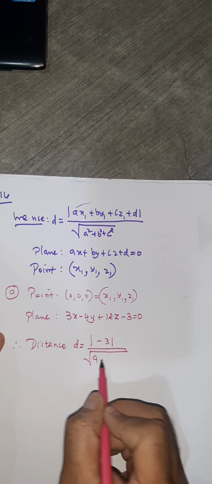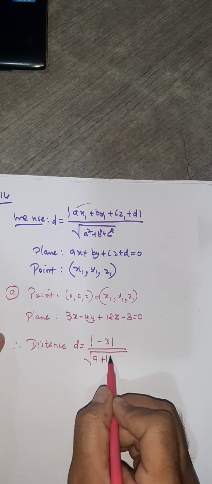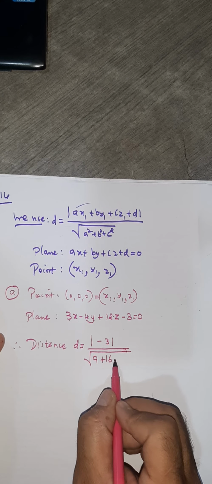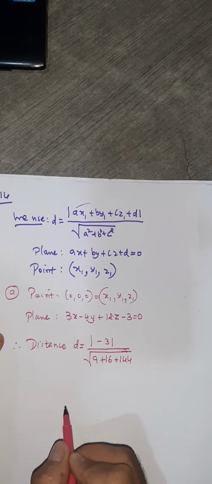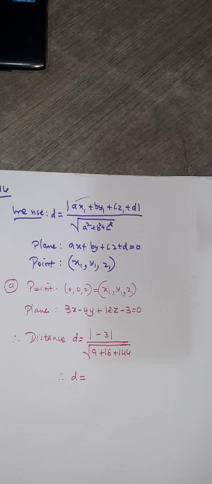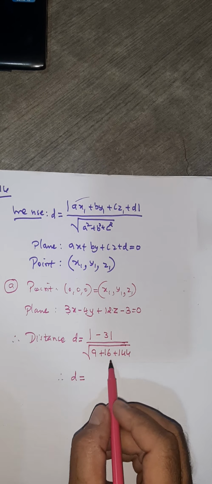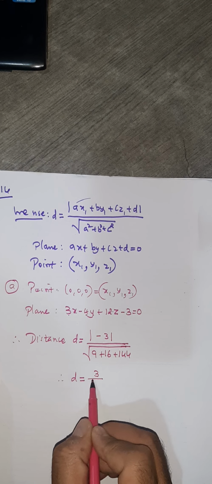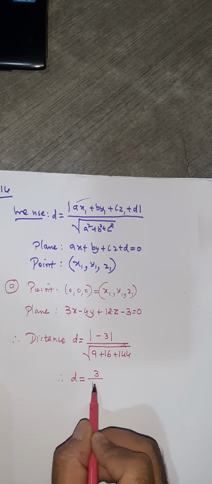So we'll get 9 plus 16 plus 144 here. So from this, what is d? This is 169, so we'll get 3 upon 13.